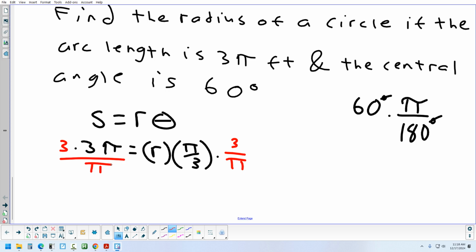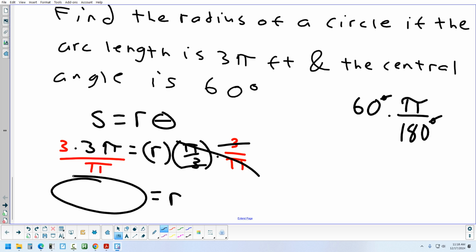What's going to cancel on the right? The pi's and the 3's. And what are you left with? r. And what are we going to get on the left? 9, because the pi's are gone.